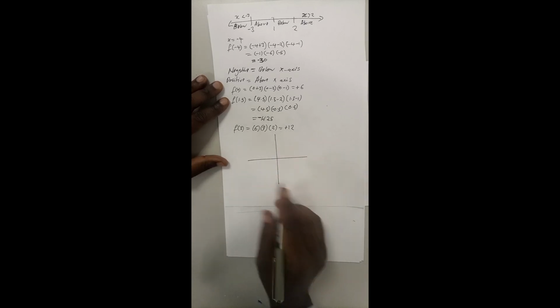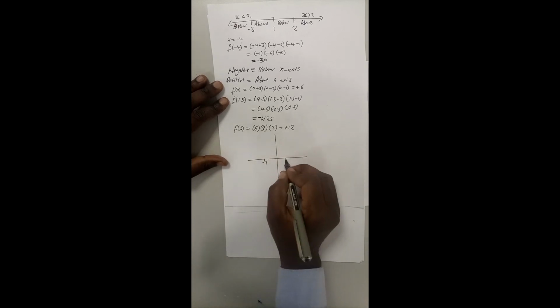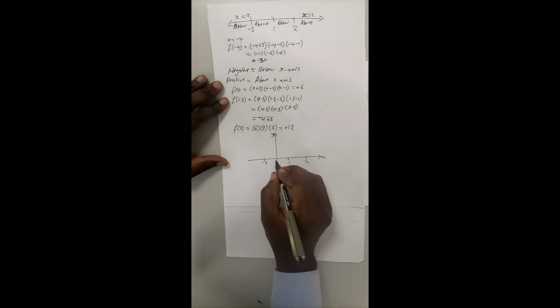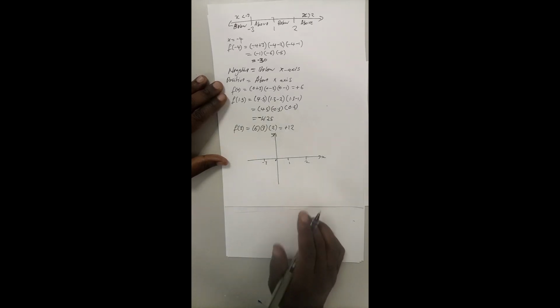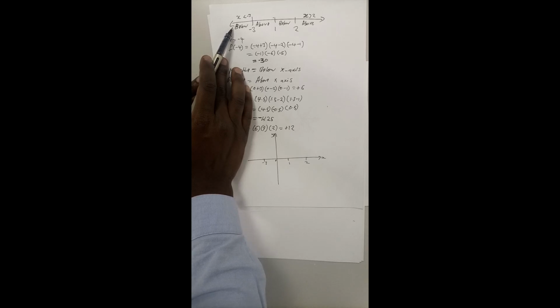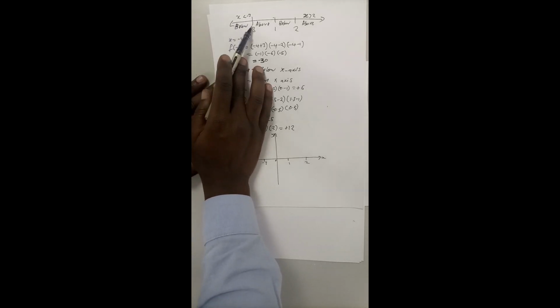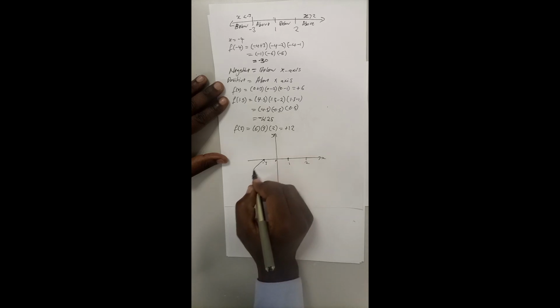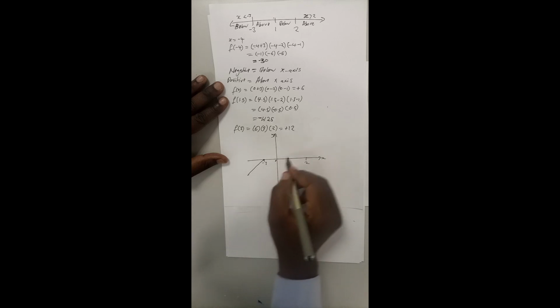Write your negative 3 there, your 1, and your 2, with the x-axis and y-axis at 0. We're saying that for numbers less than negative 3, it will be below the x-axis. So it will look somewhat like this. This is a straight line I've drawn.